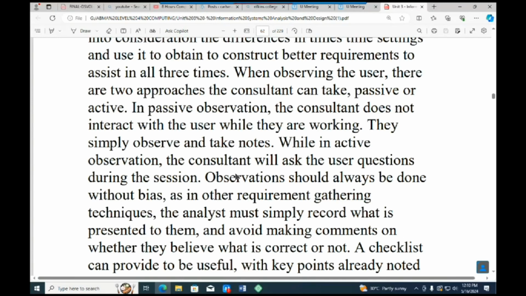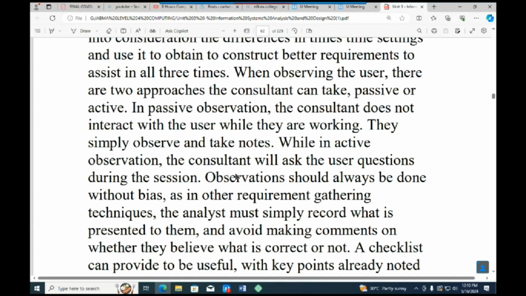On the other hand, in the active observation, the consultant or the analyst can ask the user some questions during the session, and observations are always being done here without bias.